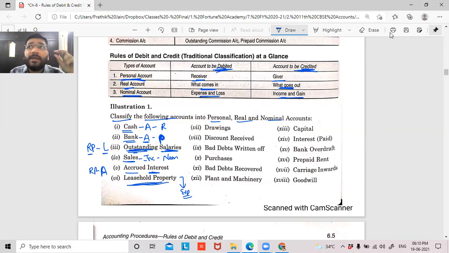No. This car is an asset because I'm able to use it for more than 1 financial year. If you're able to utilize that expense beyond 1 year, that is treated as an asset. So leasehold property is undoubtedly an asset. What rule? Real. Fantastic.